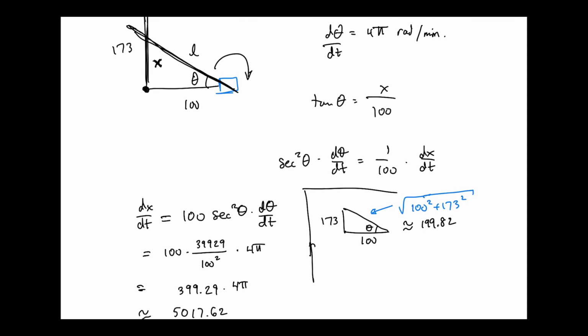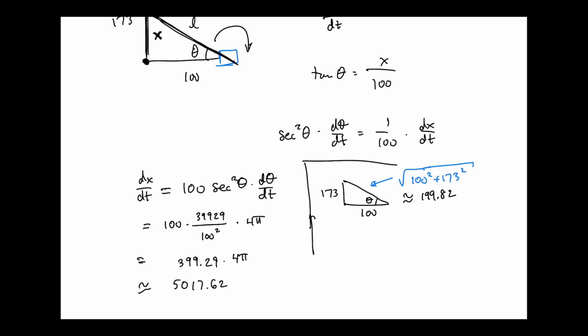What were our units in this problem? What was the distance unit? Yards. And what was the time unit? Second or minute? Minute. So 5,000 yards per minute. Now that's not a very useful unit, right?